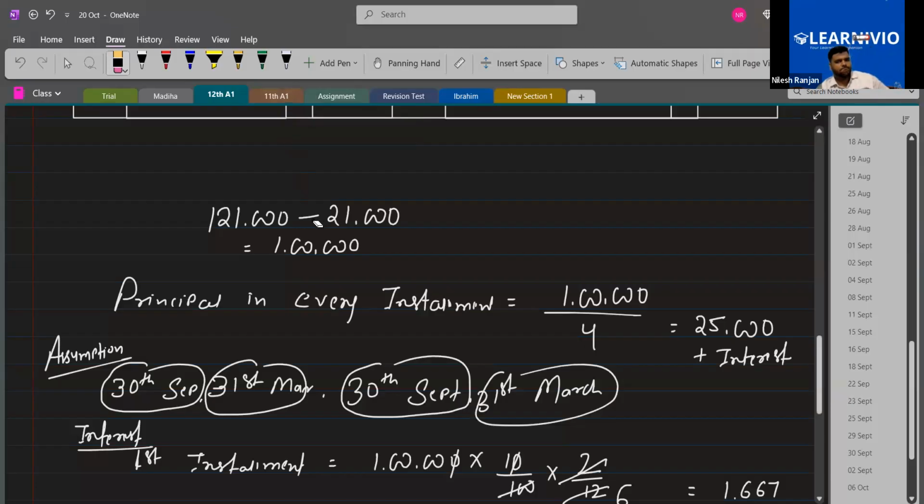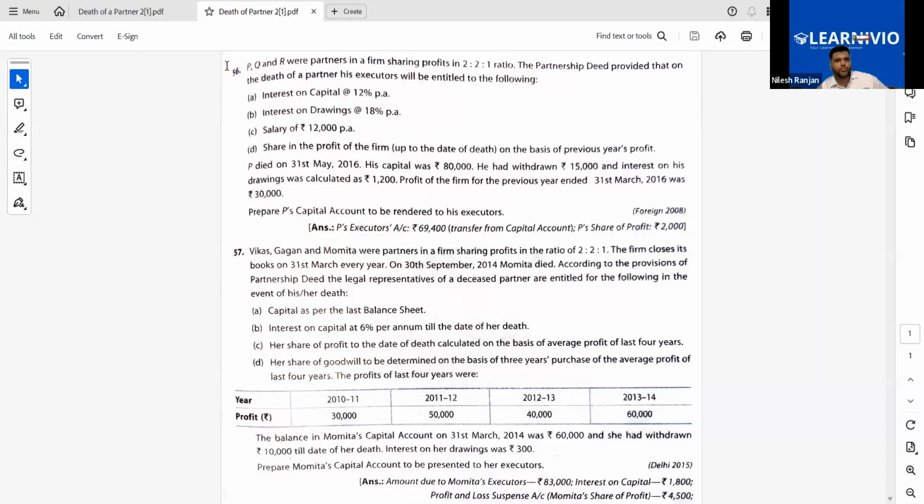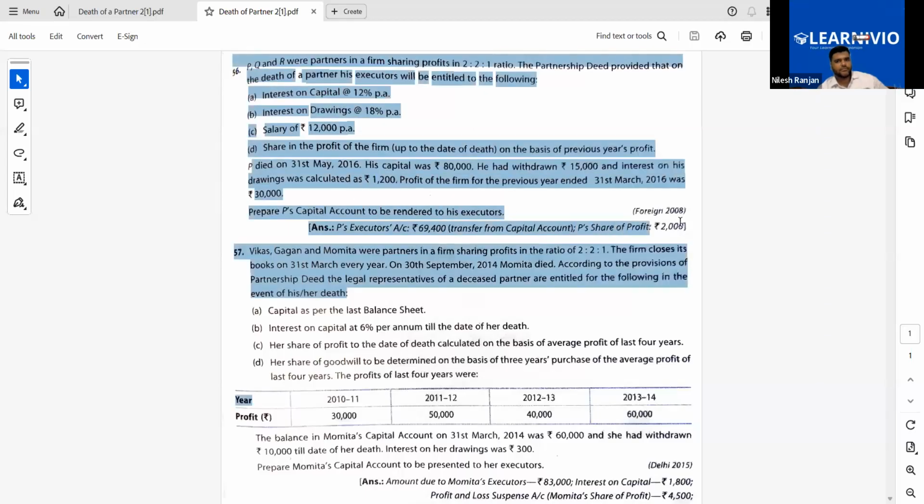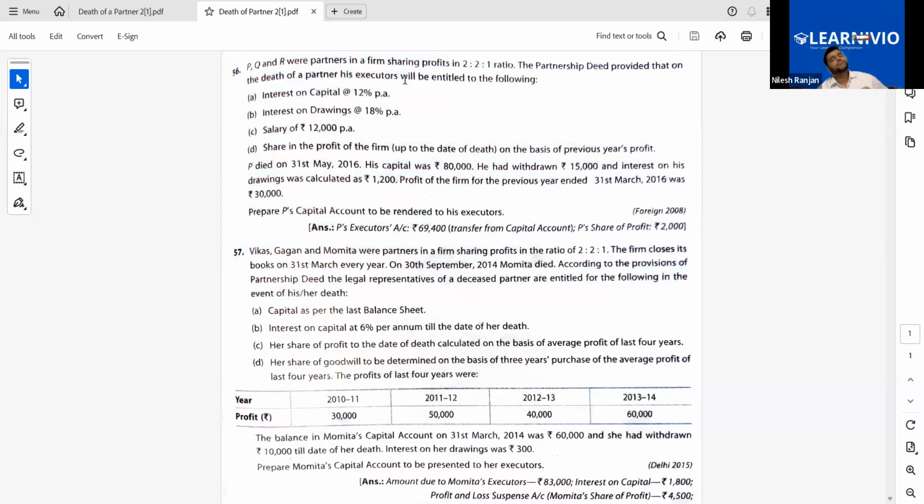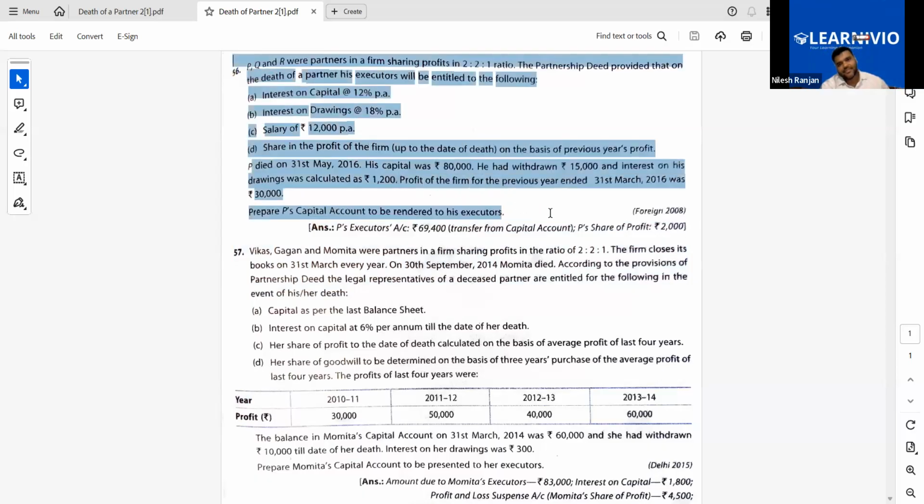Okay. Yes, sir. Now you have to prepare capital account of this portion, portion number 56. Okay, sure. Prepare this one. I will be back after 5 minutes. Sir, total 5 minutes left, sir. Yes, that's why I will be back in 5 minutes. Yeah, sir. Wait, I have to understand the question.